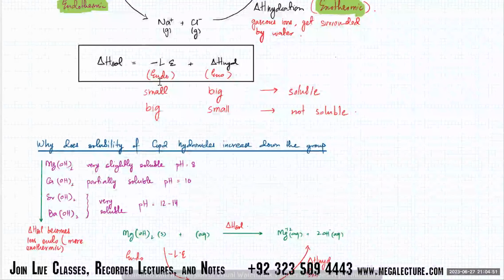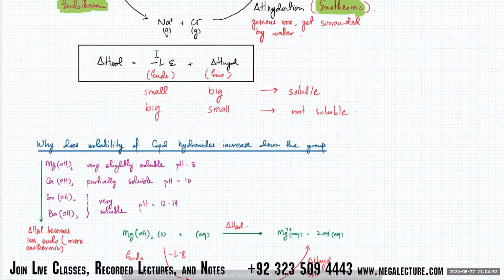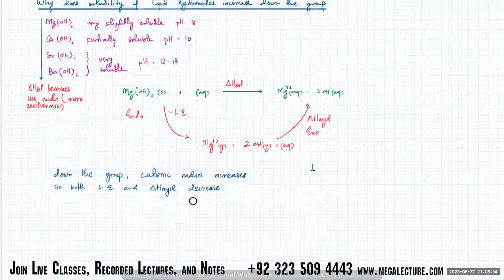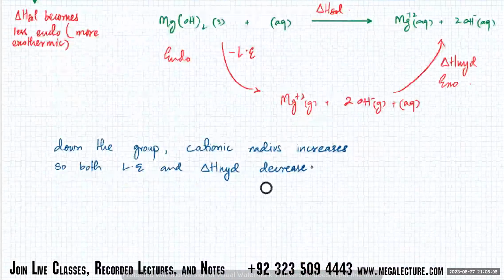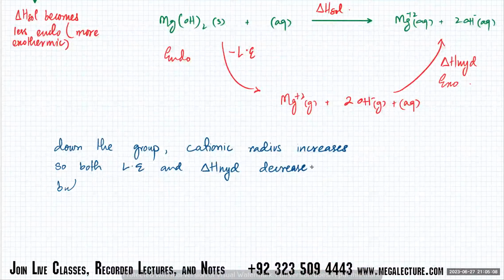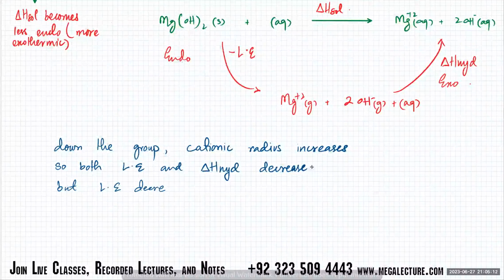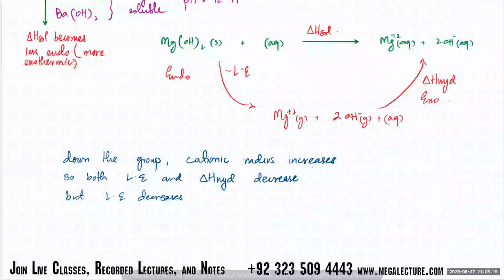This is actually becoming more smaller. It's decreasing a lot more. And dissolving the lattice, breaking the lattice is becoming a lot easier to get down the group. Isliye woh zyada dissolve kar raha hai. So the final statement that you just have to write to explain this is, but lattice energy decreases more. Yani usko lattice todna jo hai na, breaking the lattice, that's a lot easier now, which is why it's dissolving more.